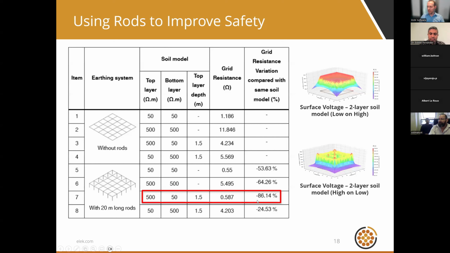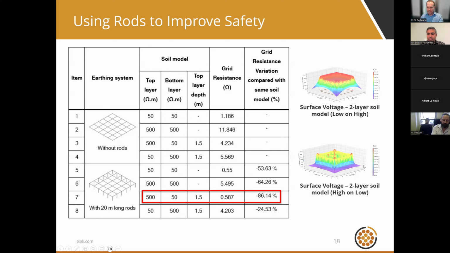Installing rods is only very effective when you have relatively low resistivity in the lower soil layers. So we are driving earthing rods from a relatively high resistivity into a low soil electrical resistivity. And then rods are very, very effective at improving grid performance. They can reduce grid resistance and GPR. They can reduce touch voltages significantly if you install rods under the right conditions.